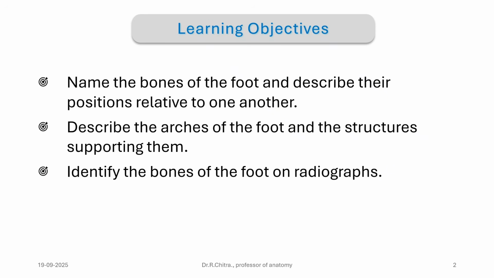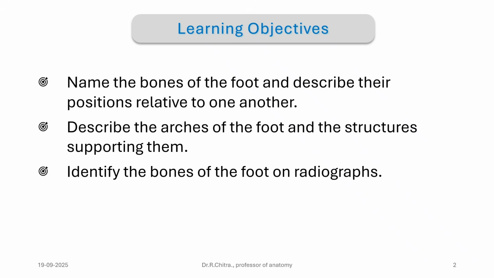The three learning objectives for the session are: before we start the learning objectives, what is the comparison of the ankle and foot complex in the upper limb? Yes, wrist and hand. But there is a distinct difference in the functions of wrist and hand and foot.